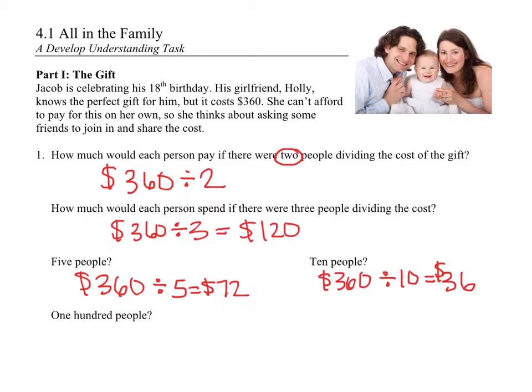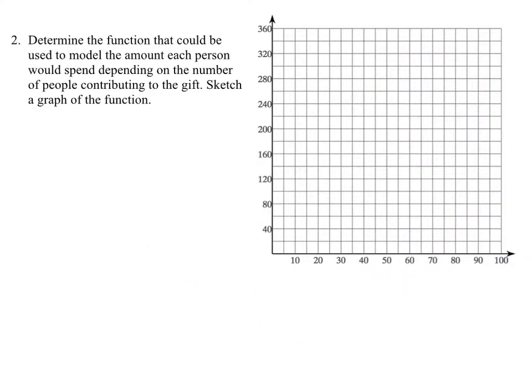And if Holly can get 100 people to split the cost, it will cost everybody only $3.60. So we're going to take this information we just found to come up with an equation for a function that we can use to figure out how much it's going to cost for X number of people to split the cost.